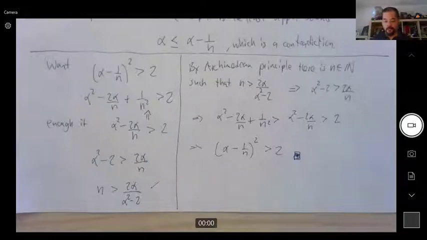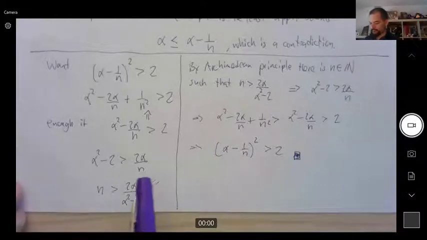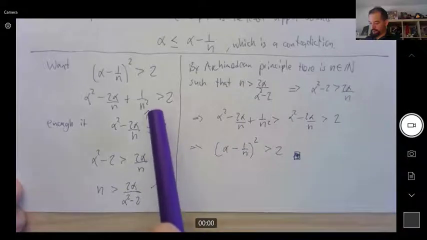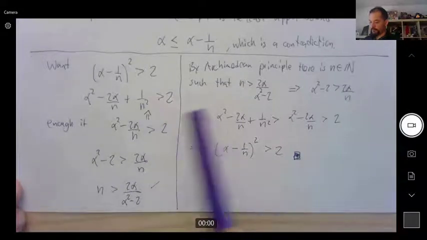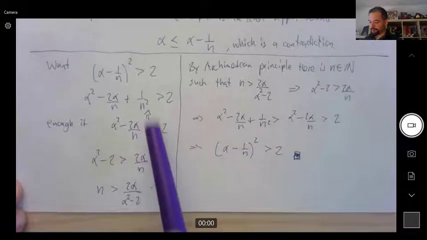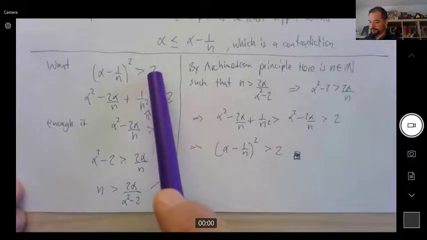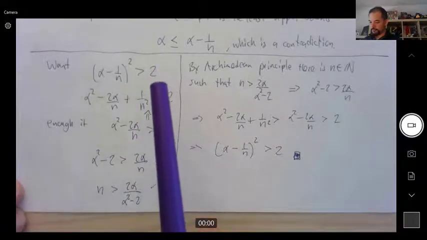Okay? All right. Questions? Professor, if you look up to where you say that 1 over n is greater than 1 over n squared, is the reasoning that we're able to ignore that n equal to 1 doesn't satisfy that inequality the fact that we can choose another n? Where are you saying? The previous part of the proof, when you prove that it has to be less than 2.